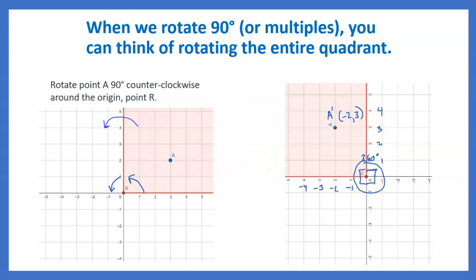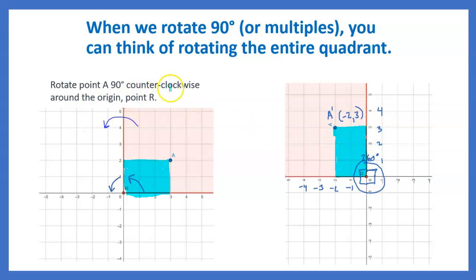Another way to look at this, let me grab a highlighter. Another way to look at this is if we highlight this rectangle made by point A. You can see it's 3 units wide, 2 units tall. If you think of rotating that on its side, it's now going to be 3 units tall and 2 units wide, but it's still going to be connected at the origin because that's where we rotated around.